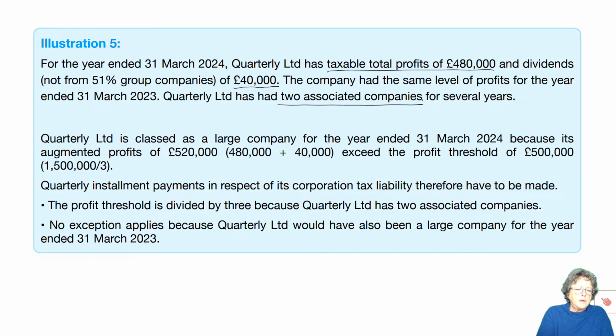So Quarterly Limited is classed as large for the year ended March 24 because its augmented profits exceed the threshold. So you see here, that is the limit at which you pay quarterly instalments, and there are 3 of them, so it's 2 plus 1.